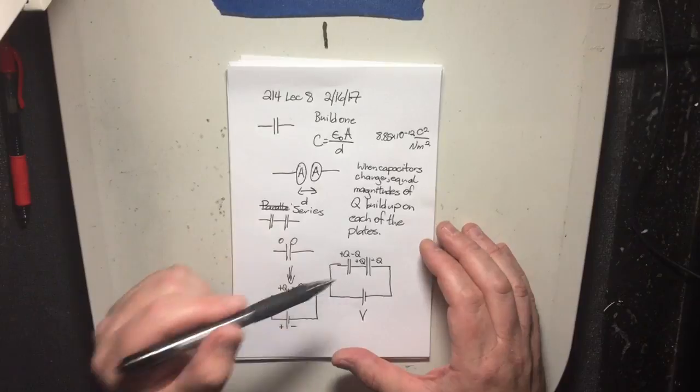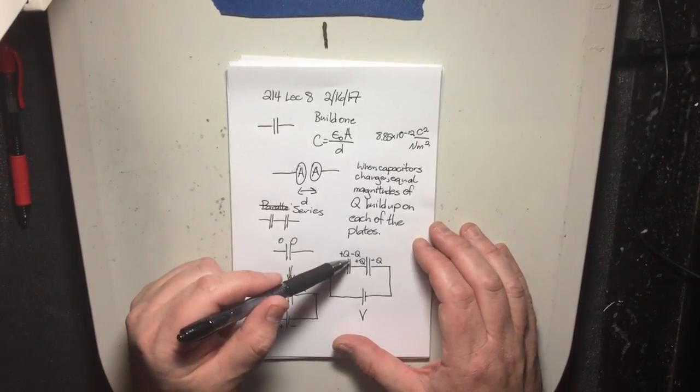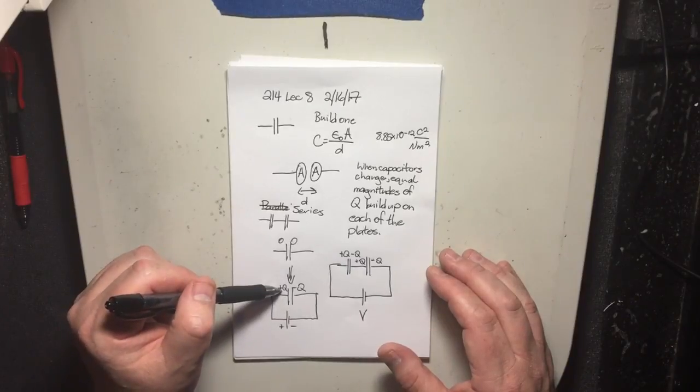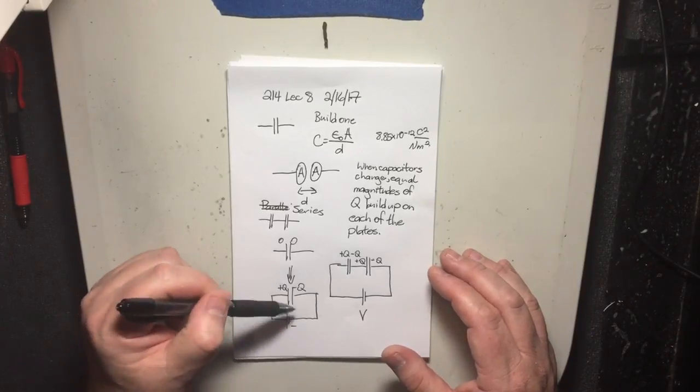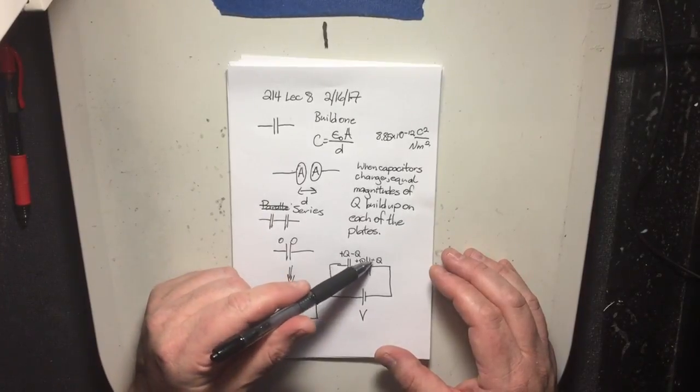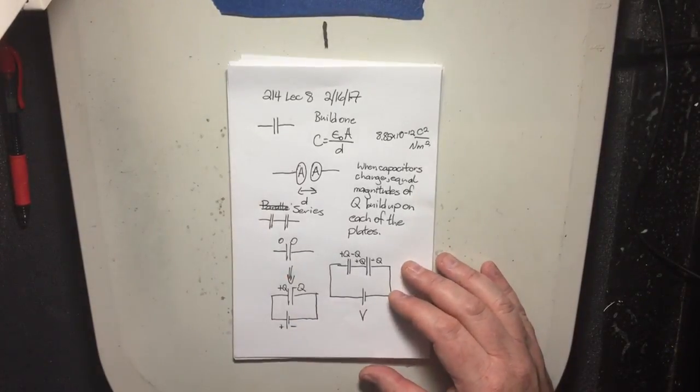So when you have capacitor plates in series, just like one capacitor plate in series with itself and the battery, they each develop a charge of positive Q.